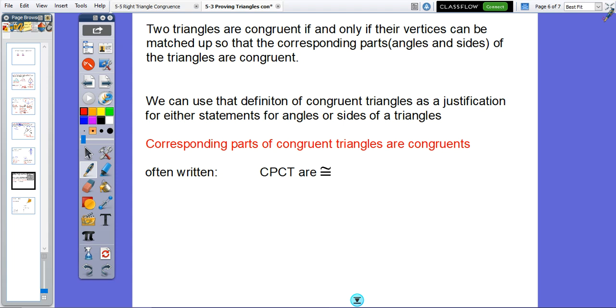But now that we know SSS and SAS, we can say that once we show that 3 parts of one triangle match the 3 parts of the other one, the correct 3, then the triangle is congruent. And because the triangle is congruent, then the remaining 3 parts are congruent to their corresponding parts, or corresponding parts of congruent triangles are congruent themselves. Or CPCT, or you see it like this as well, just straight letters only.